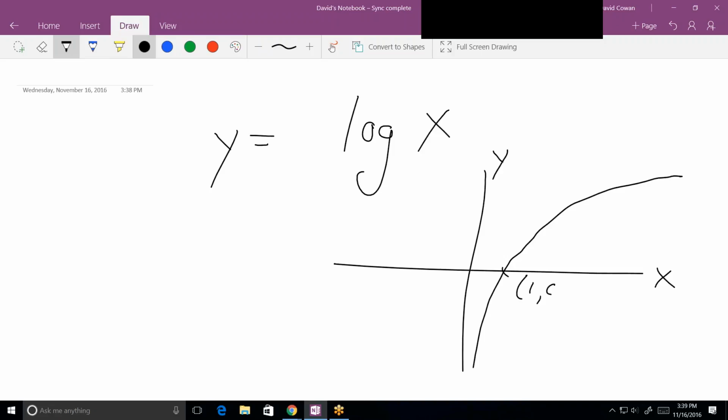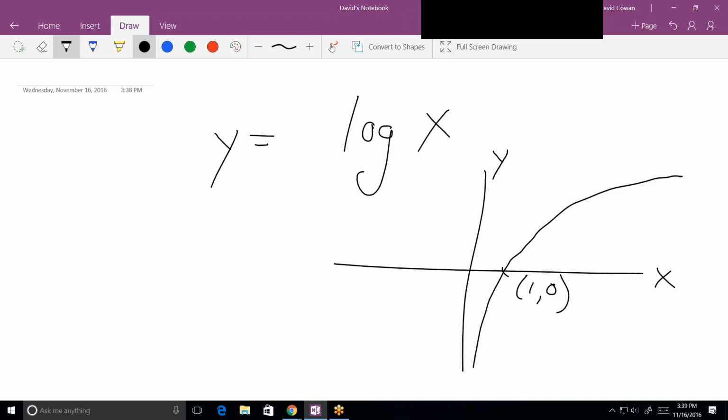It's 1, 0. If we take the log of 1 or higher, we get a positive number. If we take the log of numbers between 0 and 1, we get a negative number. The range of this function is negative infinity to infinity, all real numbers.